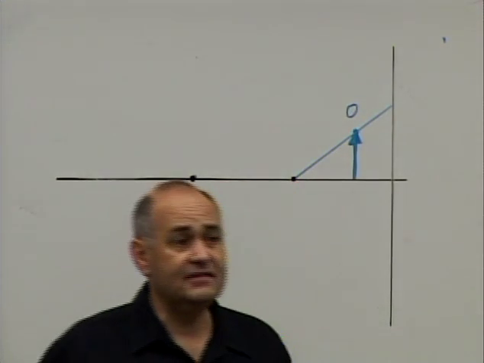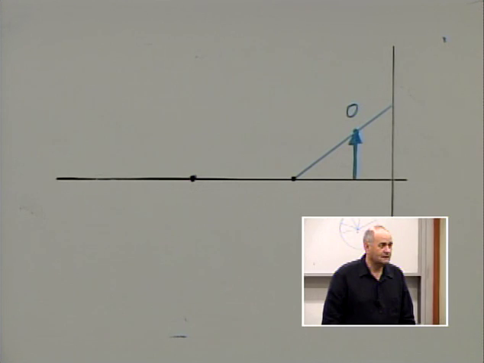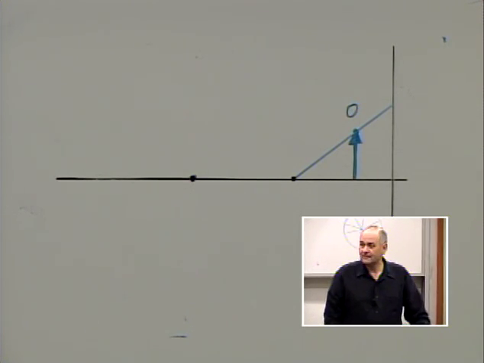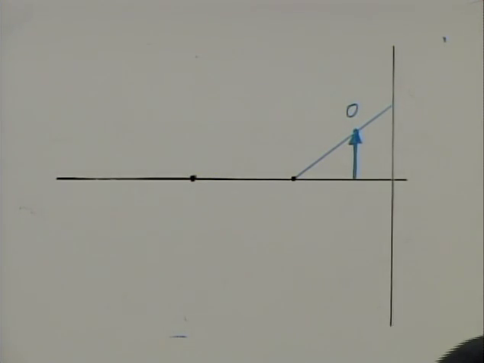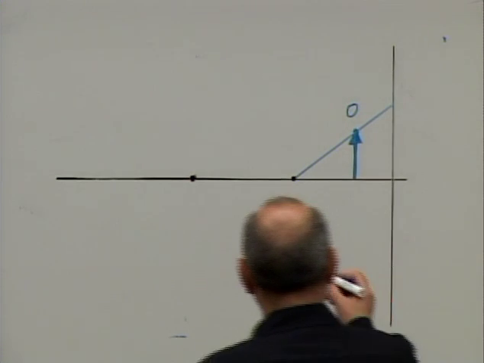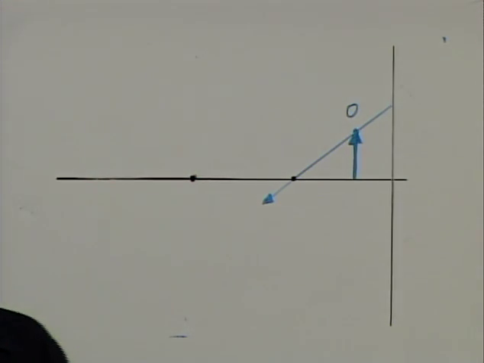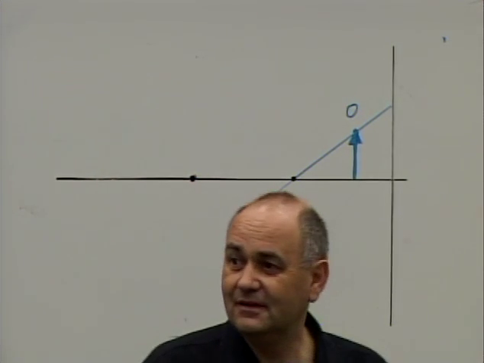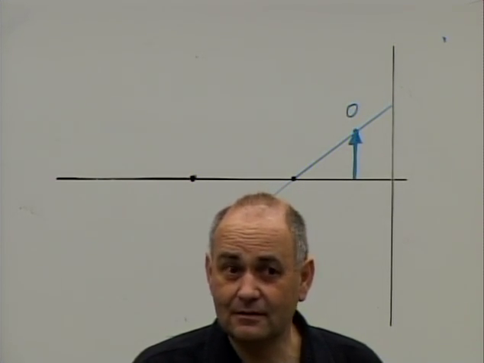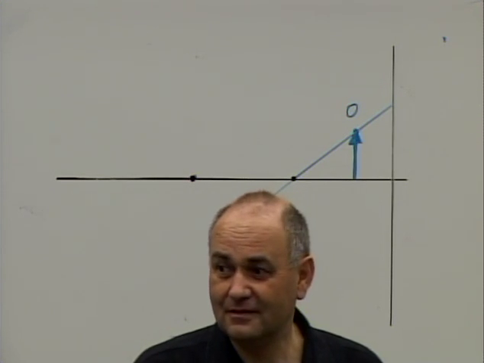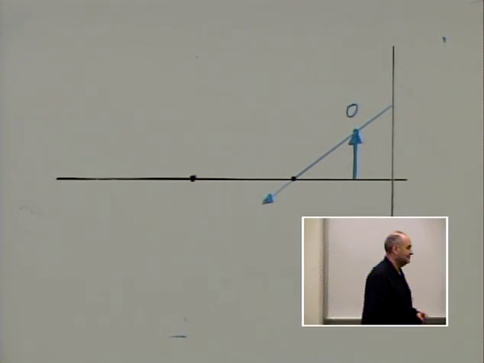All right, and I'm kind of confused at this point. How should I mark the arrow? Which way does the light travel? To the right or to the left? What do you say? Anybody have another opinion?